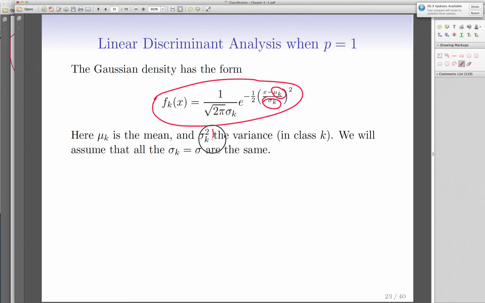So sigma k squared is the variance of class k, so sigma k is the standard deviation of class k. In linear discriminant analysis, we assume all classes have the same variance. That is a relatively strong assumption, but as we can see, it will make our life easier.